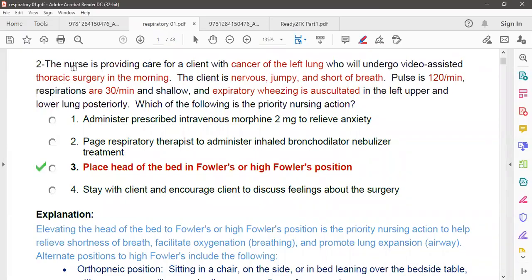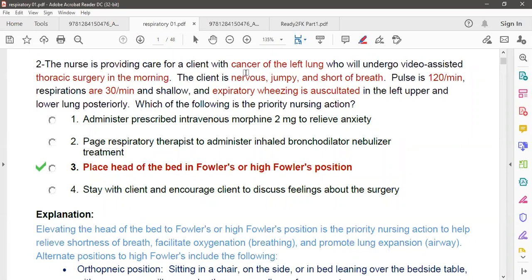Clinical question here. The nurse is caring for a client with cancer in the left lung who is undergoing video-assisted thoracic surgery in the morning. A patient diagnosed with lung cancer is ready to go for thoracic surgery.